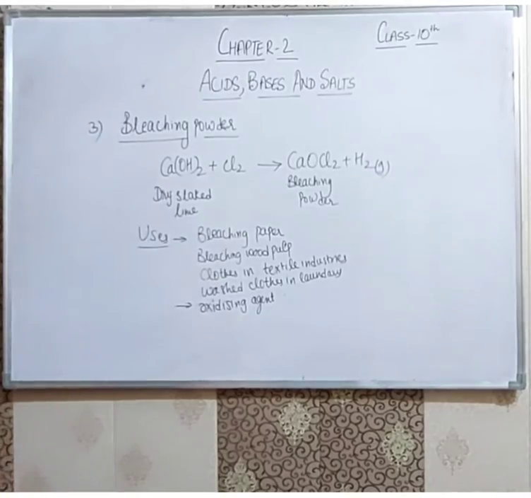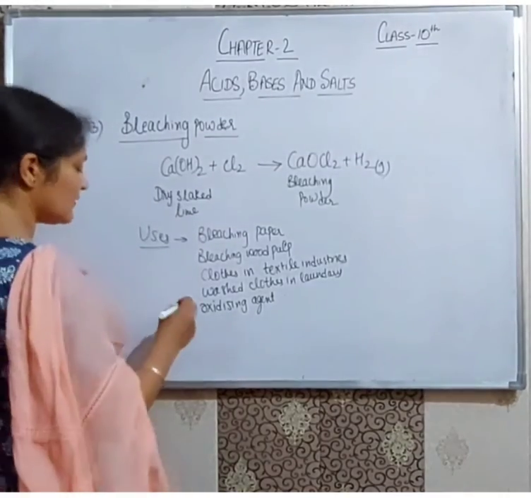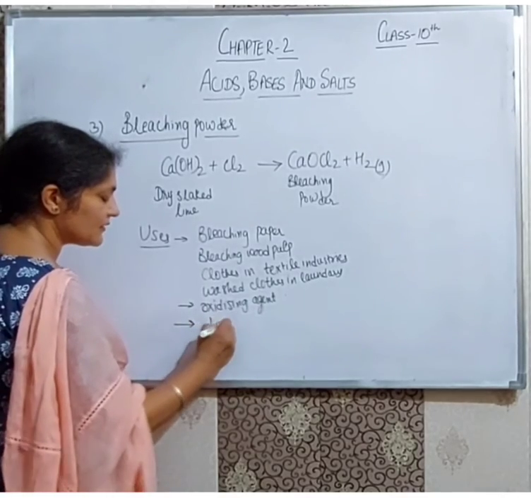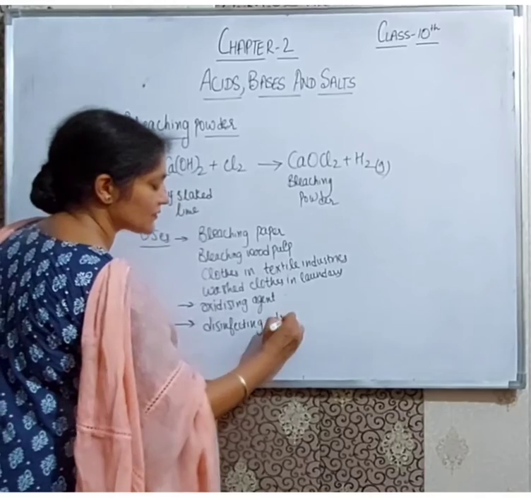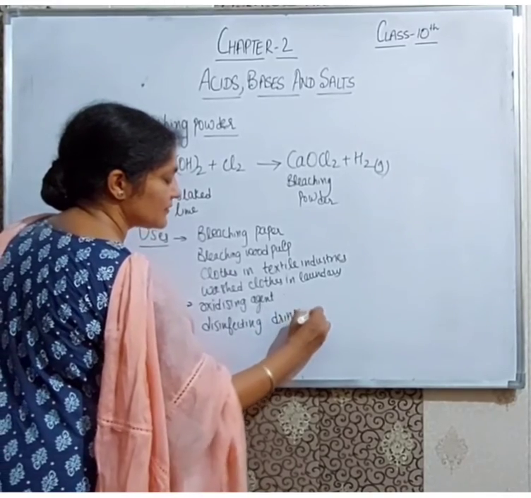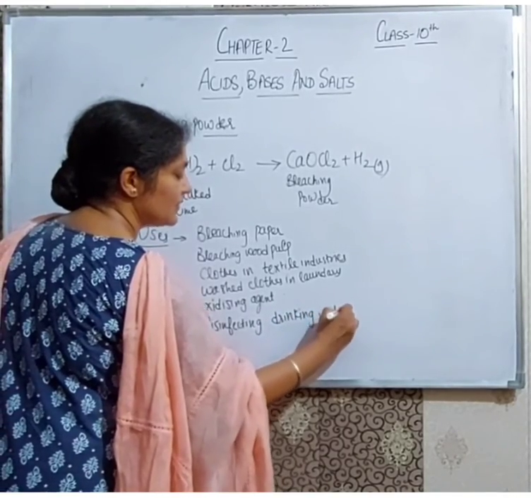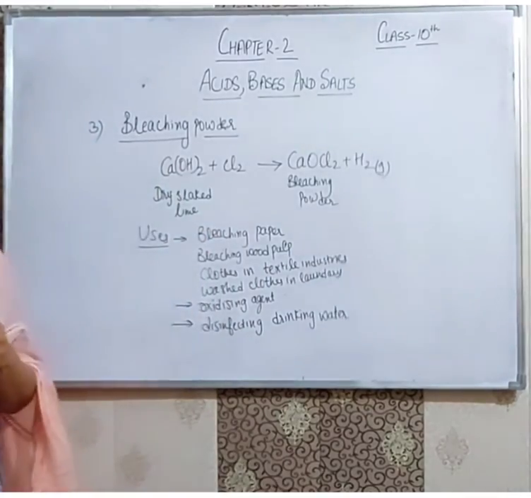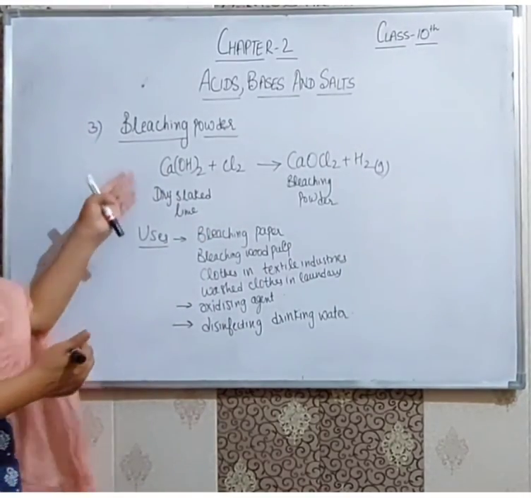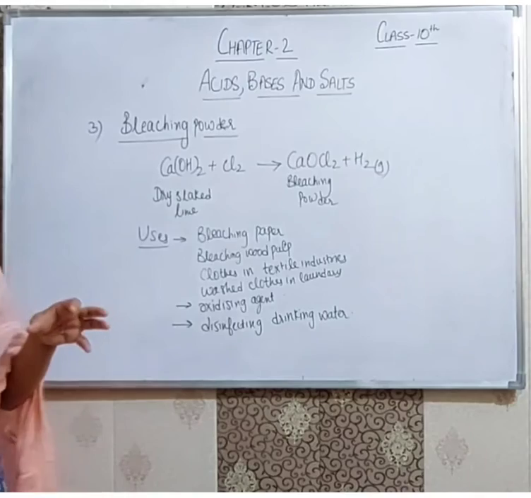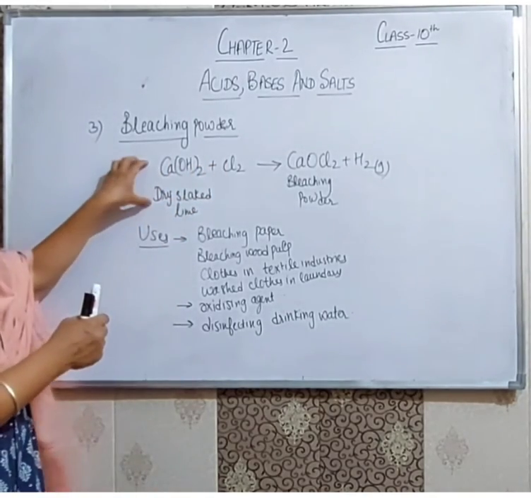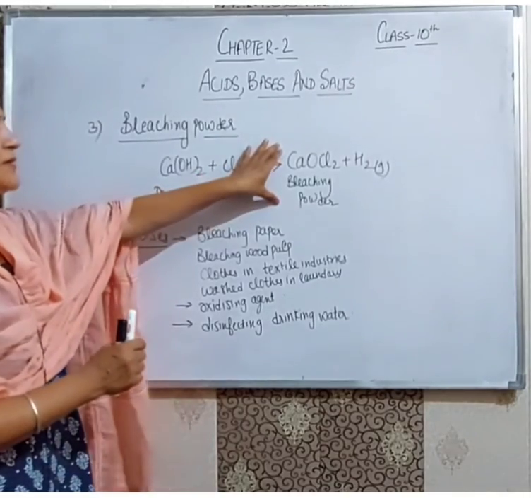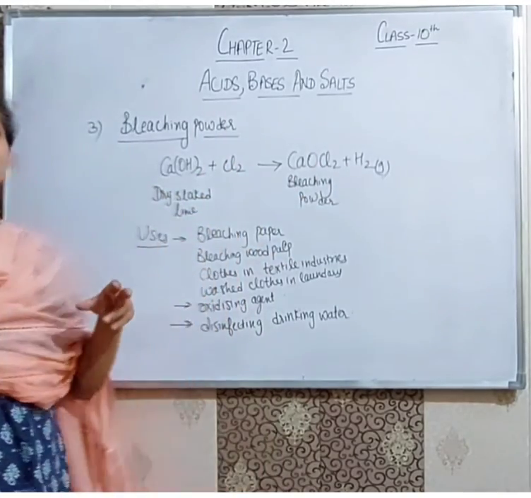So these were a few uses of the bleaching powder, and it is also used for disinfecting drinking water. We were discussing that with the action of chlorine on dry slaked lime, bleaching powder is produced and hydrogen gas is evolved.